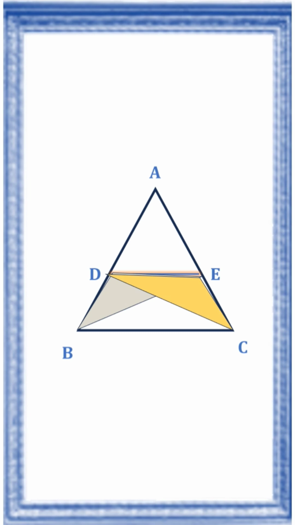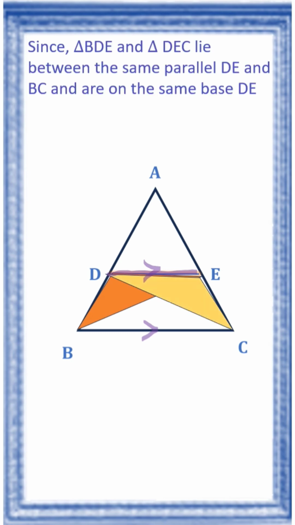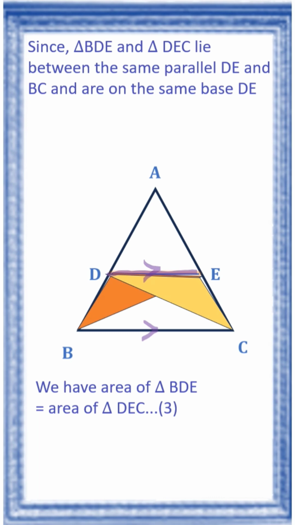They stand on the same base DE and between the same parallels DE and BC. So the areas of triangles BDE and CDE are the same. Since triangles BDE and CDE lie between the same parallels DE and BC and on the same base DE, area of triangle BDE is equal to area of triangle DEC. Let this be equation number 3.